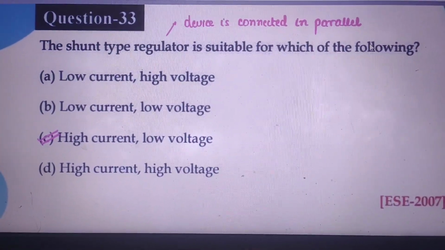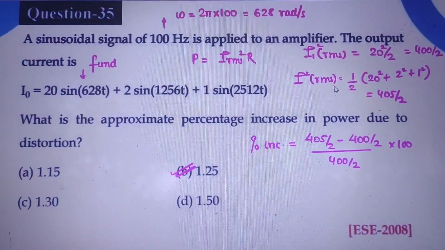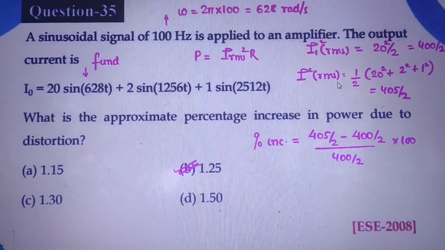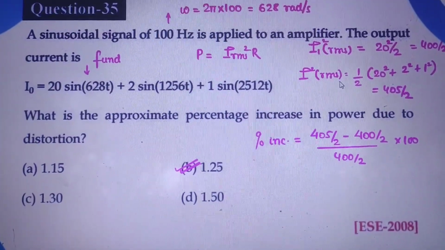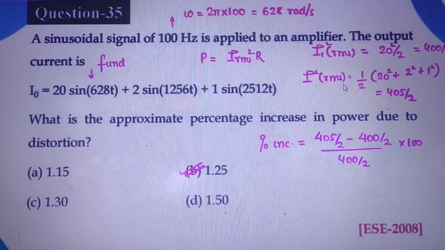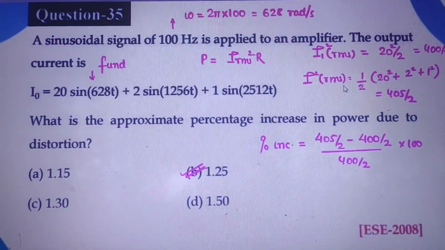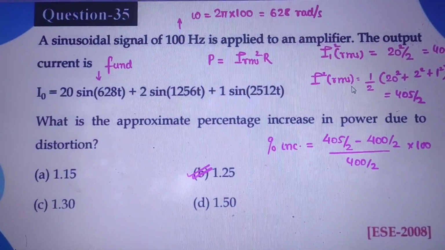High current low voltage. A sinusoidal signal of 100 Hz is applied to the amplifier. The output current is I naught equals 20 sin 628t plus 2 sin 1256t plus 1 sin 2512t. Here omega is equal to 2 pi into 100, you will get 628. So I naught consists of the 628 term, so it is the fundamental frequency.